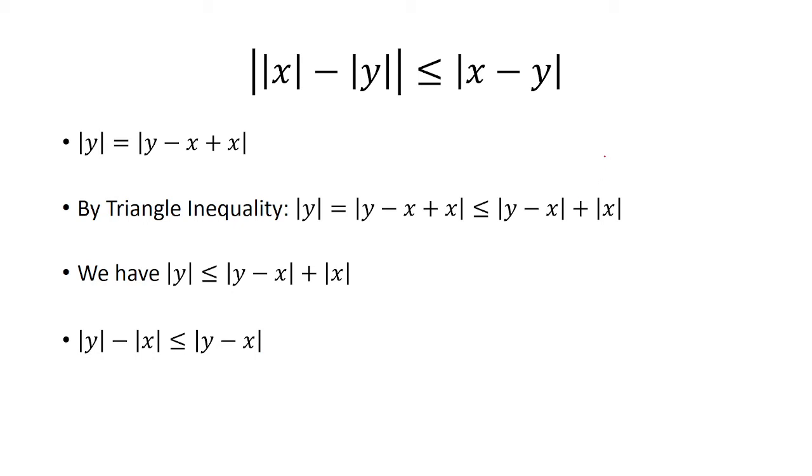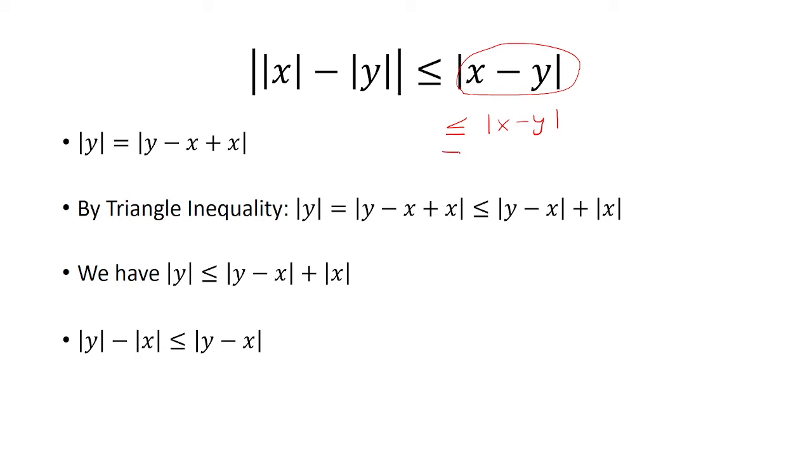Now notice in the previous slide I had something in terms of the absolute value of x minus y. This time I don't. I have it in terms of the absolute value of y minus x. And I also had less than or equal to the absolute value of x minus y.